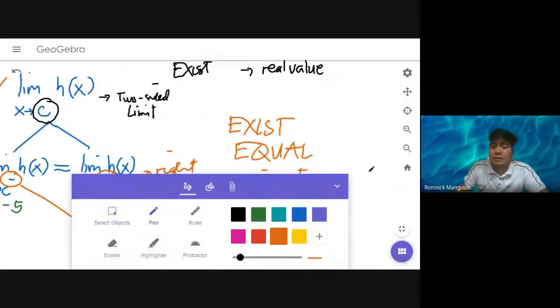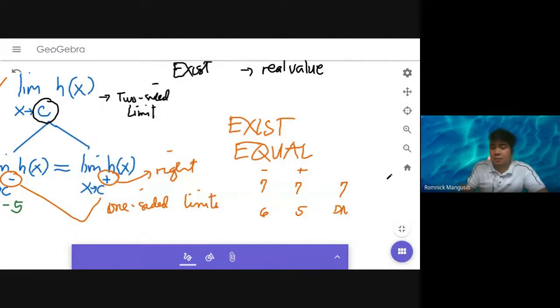It's all about the same value. Yun lang naman ang sinasabi niya. Kung 7 ang left, 7 ang right, 7 din ang two-sided. Kung 6 ang left, 5 ang right, does not exist ang two-sided. So kung ang two-sided ang nag-exist, example, ang two-sided ay 11, edi 11 din to ang dalawa. Kasi yun nga yung condition mo.